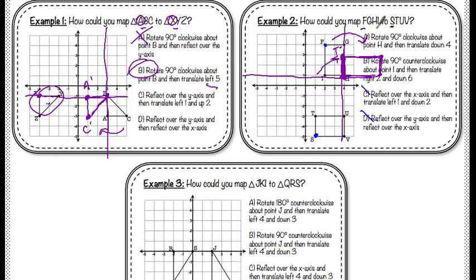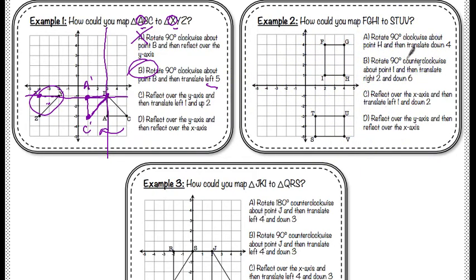And then we know that I and V are corresponding vertices. So if I is up here, I need it to be moved down here. So if I go 90 degrees clockwise like this, and then translate I down 4, 1, 2, 3, 4, I do not end up over here. That's a problem. So I do not think this is the correct answer.